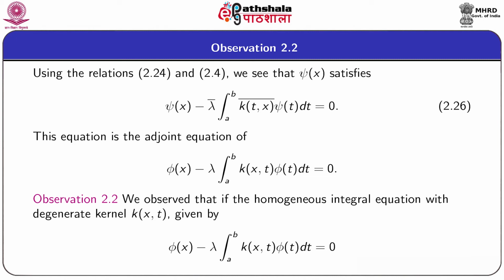This equation 2.26 satisfied by psi x is the adjoint equation of the homogeneous equation corresponding to given integral equation as given by this. That means equation 2.26 is the adjoint equation of this equation.